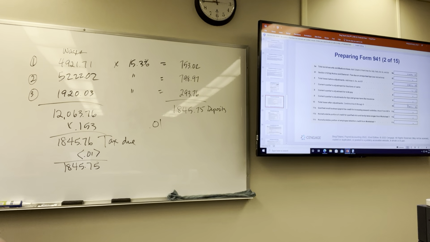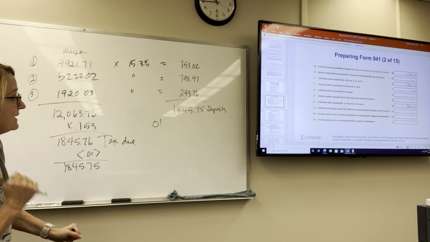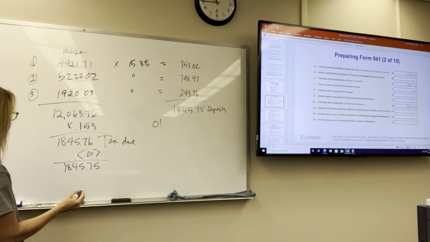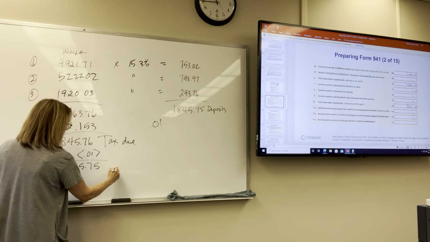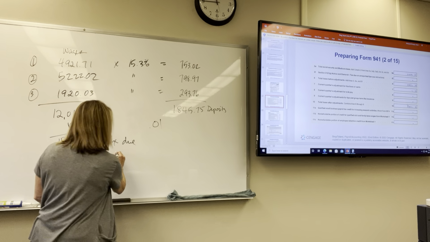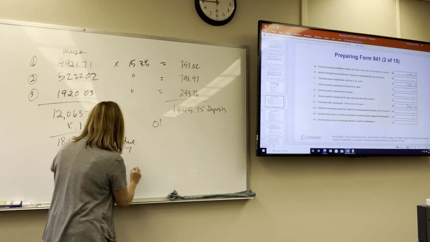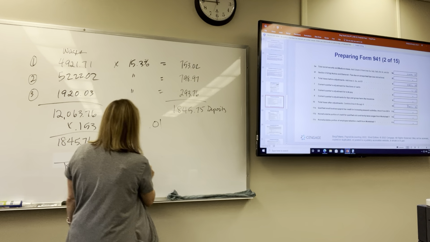Line 10 is the sum of those numbers. So this would be, in my example here, this is line 7. I'm sorry, this is line 7. This is line 10.